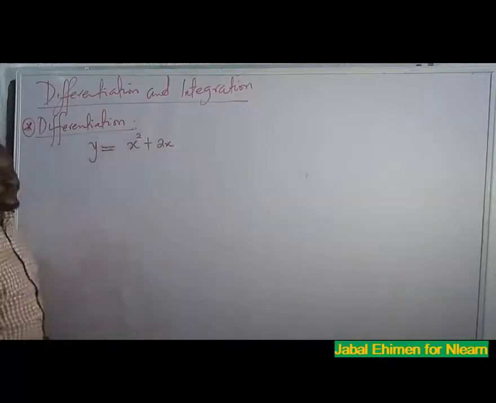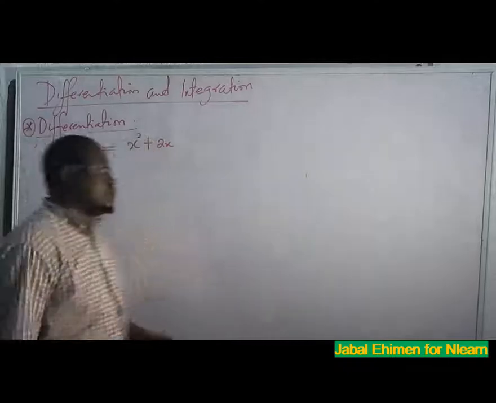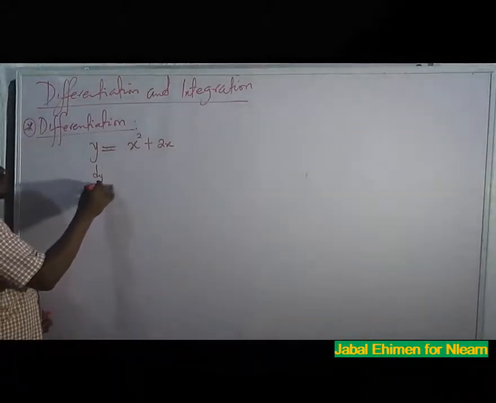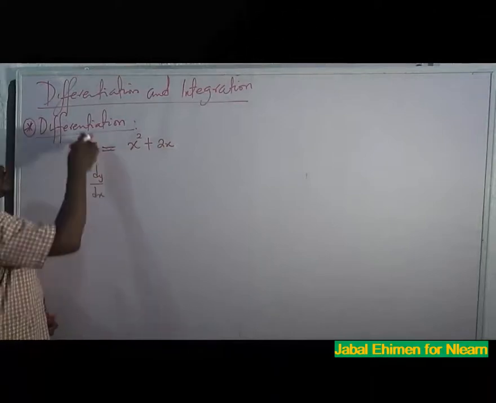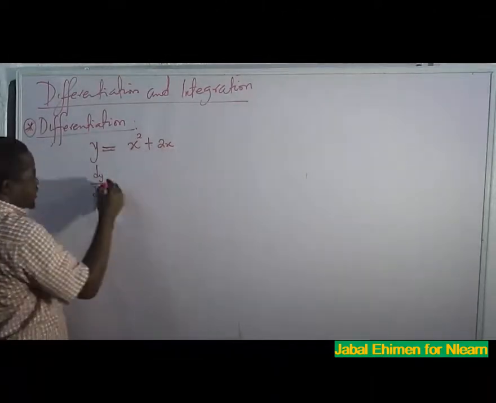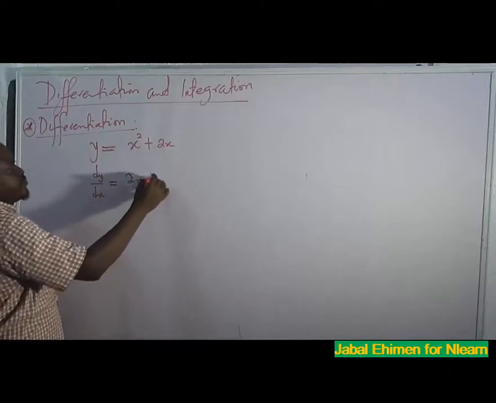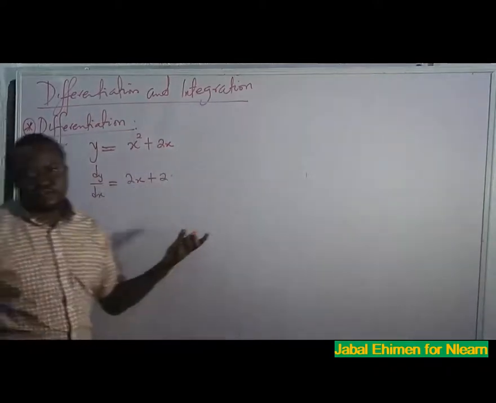If I write this value, now dy over dx, which means change in y with respect to x, is equal to 2x plus 2. This is the value of its own.